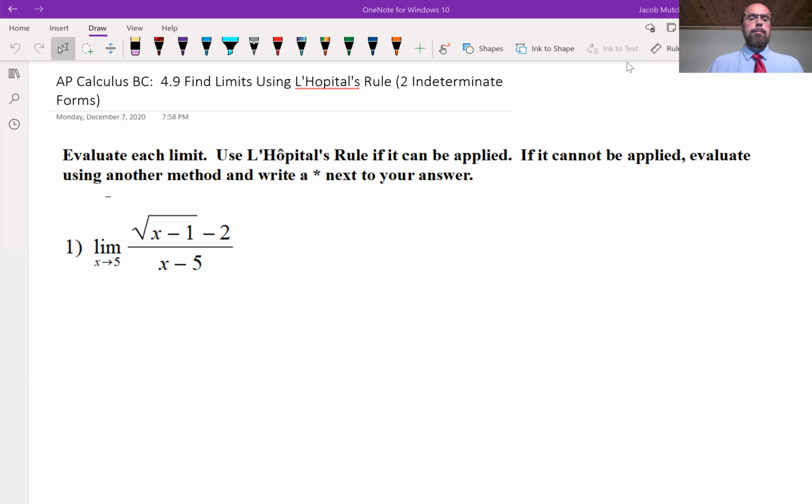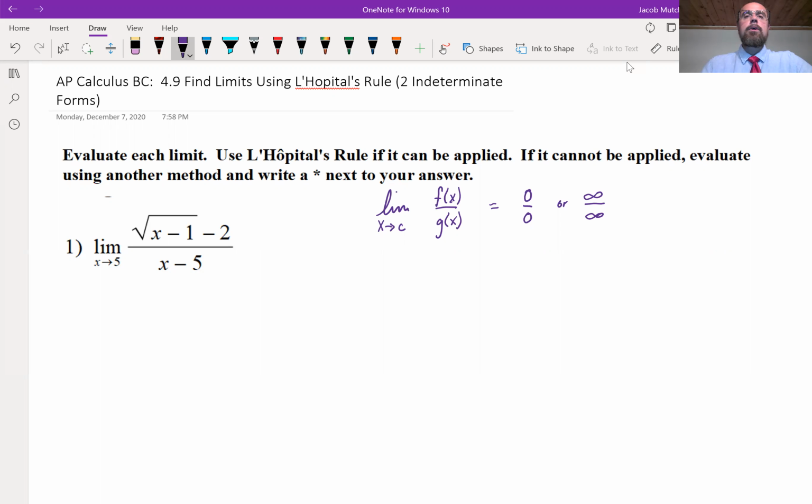So we really need to remember what L'Hopital's rule says. Essentially, if I've got a limit of a ratio of two functions, so limit as x approaches some value c of f of x over g of x, and if I were to do direct substitution and found that this limit had the indeterminate form of either 0 divided by 0 or infinity divided by infinity, at that point I would, in normal circumstances, look for some strategy to get rid of that form.